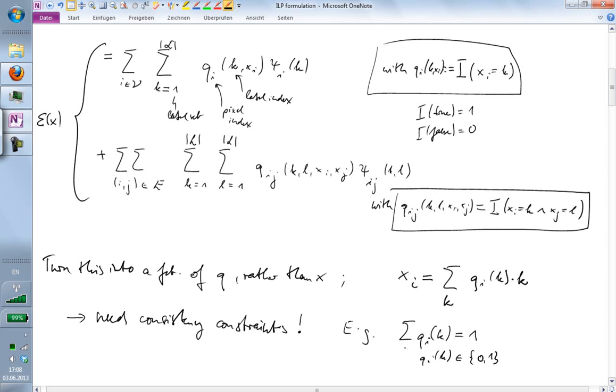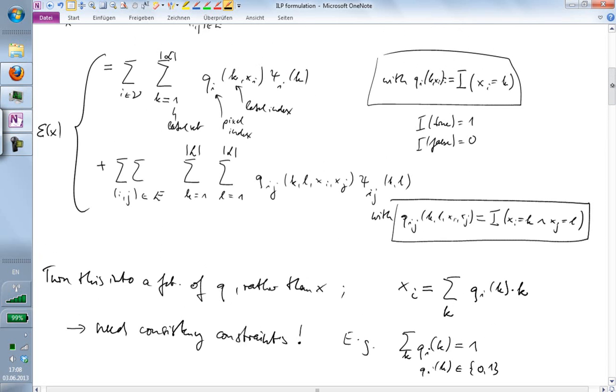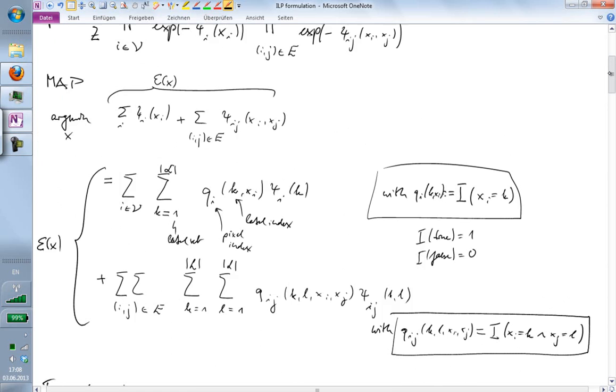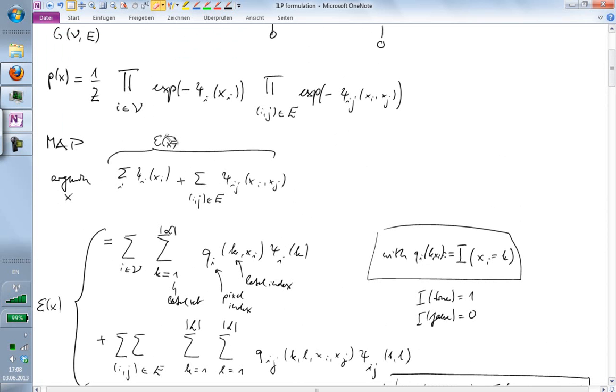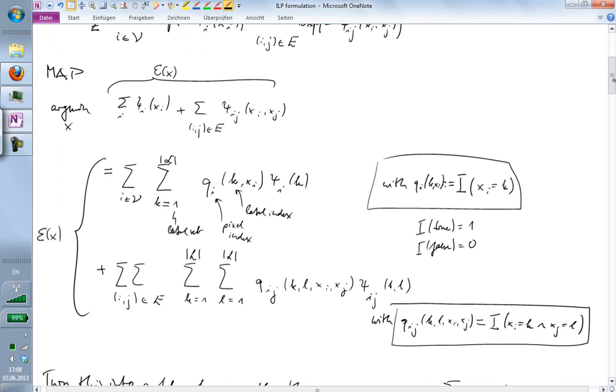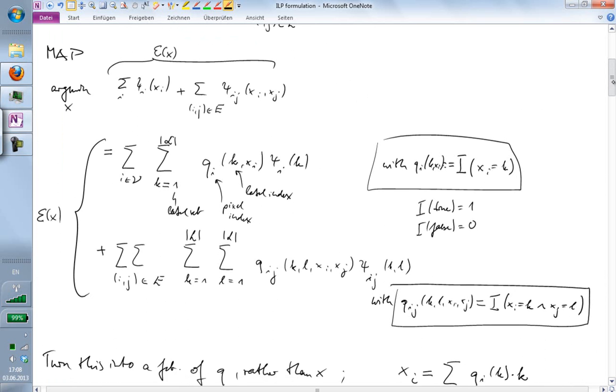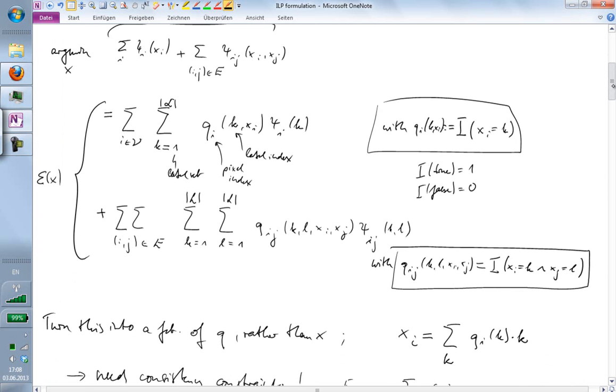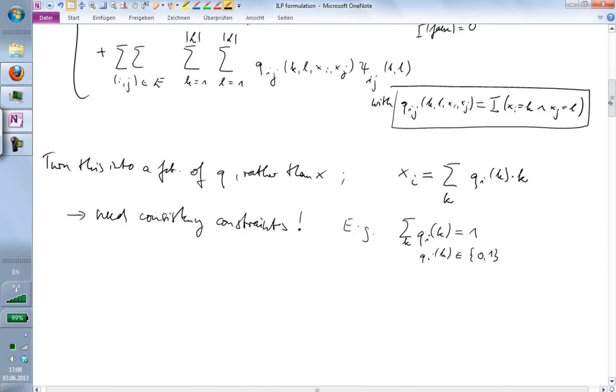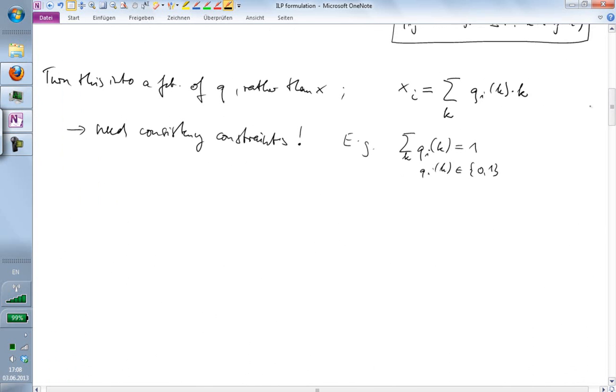And then here I have an additional constraint that if I sum over all labels K, exactly one of them should be switched on. So what have we done so far? We started off with this function e of x that you know very well already, and we've written it in a more complicated form, introducing these indicator variables, which are either 0 or 1. And that is for a reason, of course, because I want to find a formulation that looks like a well-known optimization problem.